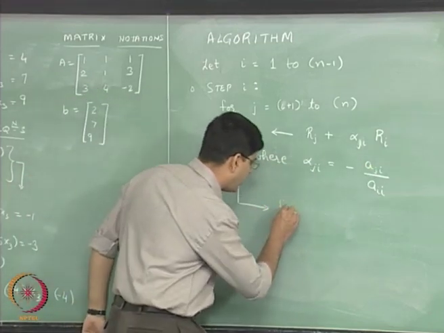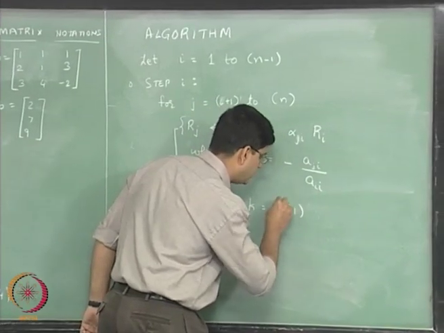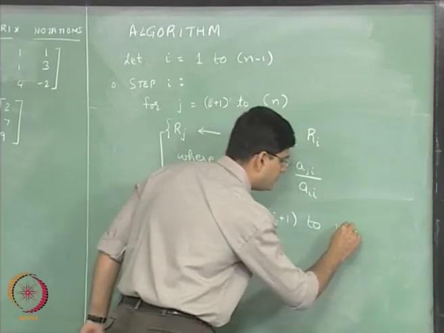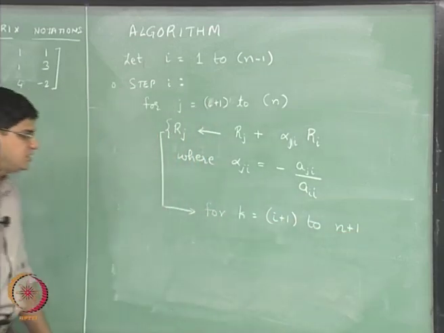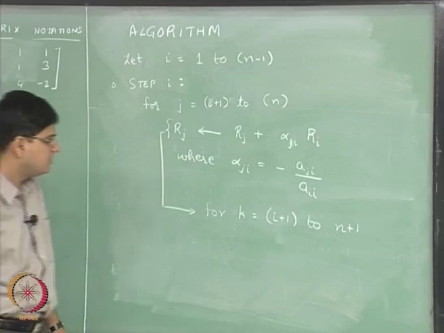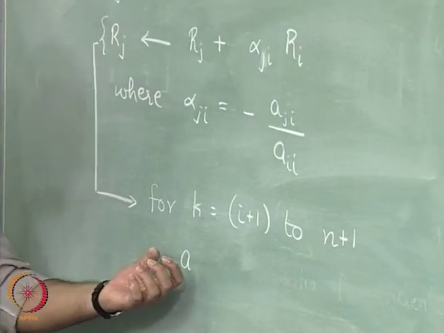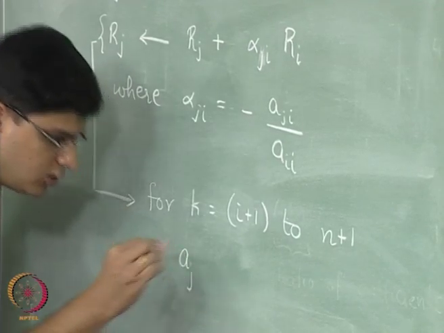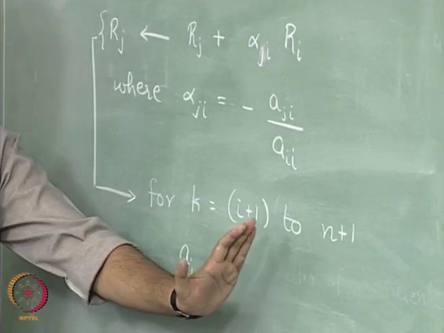So we will have, for k going from i plus 1 to n plus 1, where the n plus 1 is for the vector b, we are looking at the jth row and all the columns after the column i.